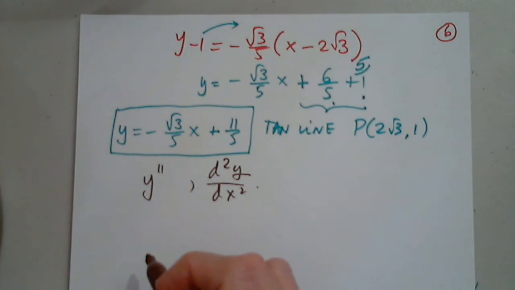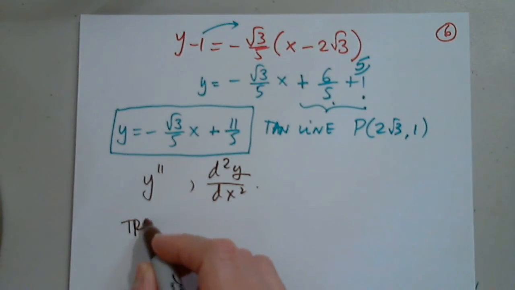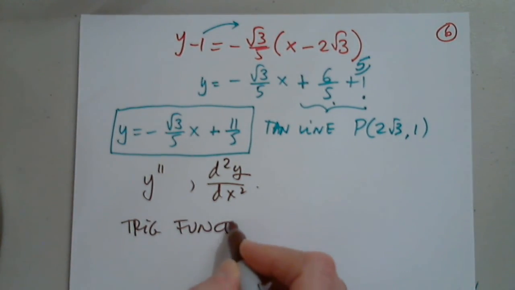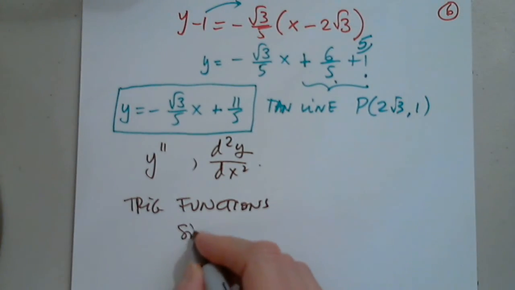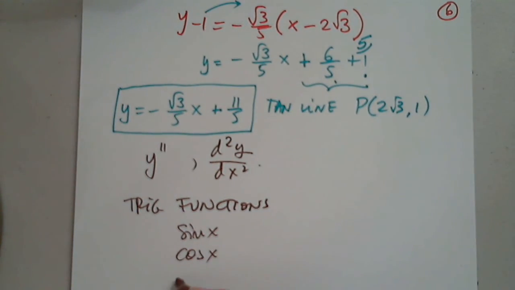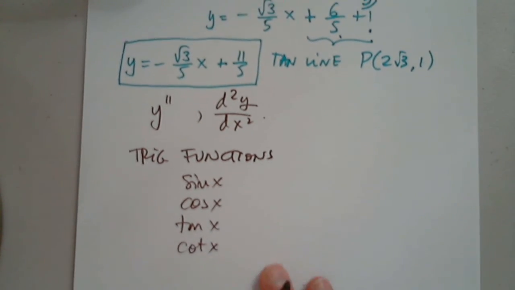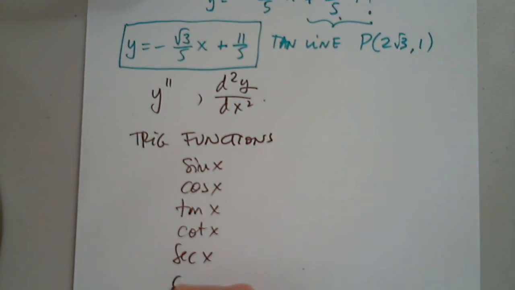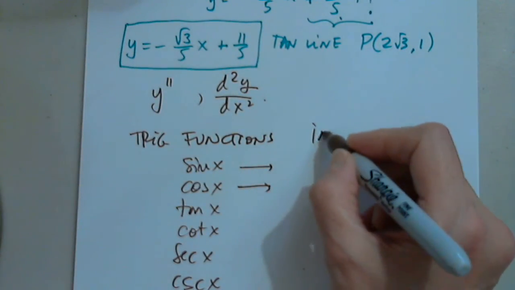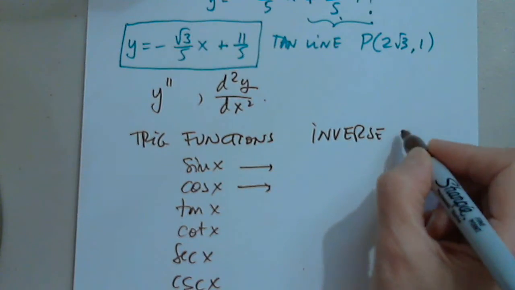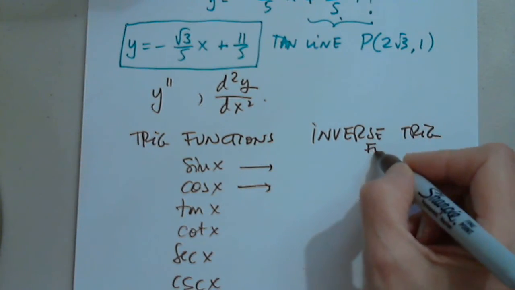So we remember the trig functions. And we discussed them last time, like sine x, cosine x, tangent x, cotangent x, secant x, and cosecant x. They also have inverses. Inverse trig functions.